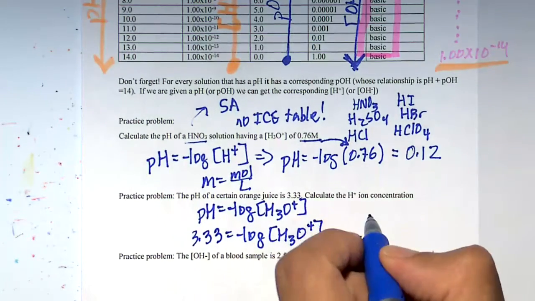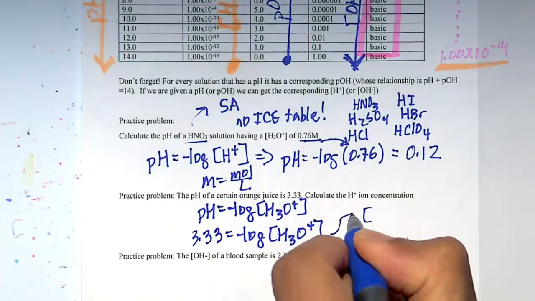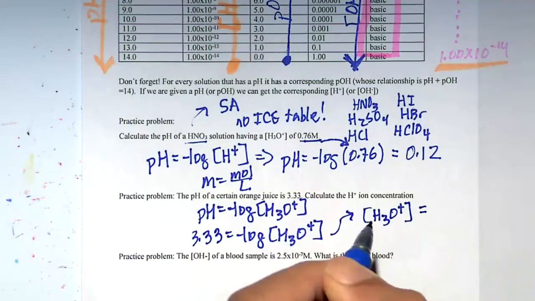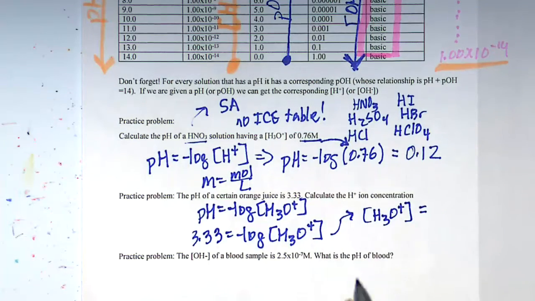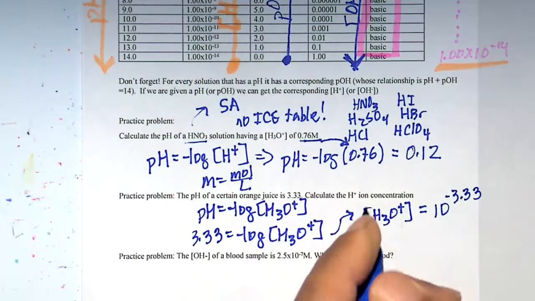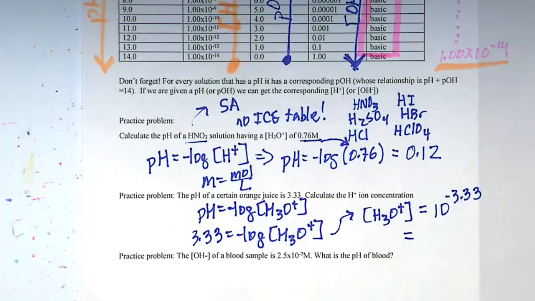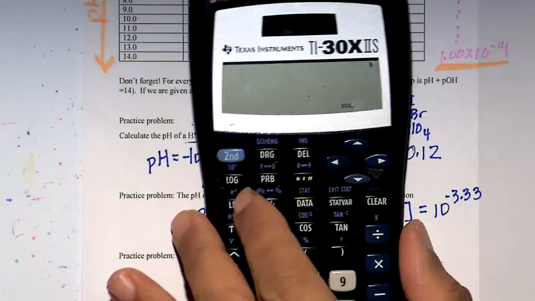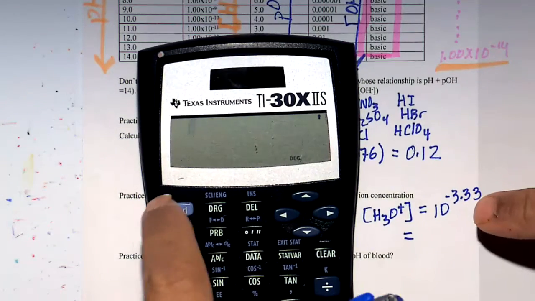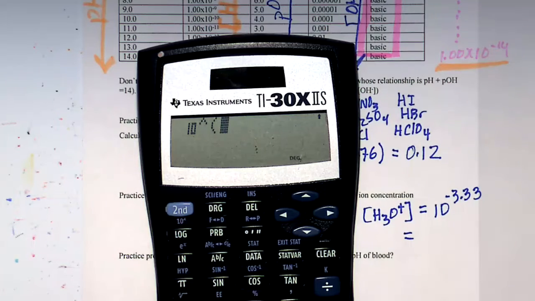The equation for that is H3O+ is 10 to the power of minus 3.33. So make sure you're comfortable going back and forth. Here we're going to do the anti-log, 10 to the power of minus 3.33.